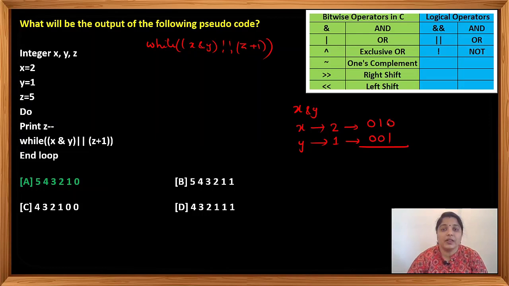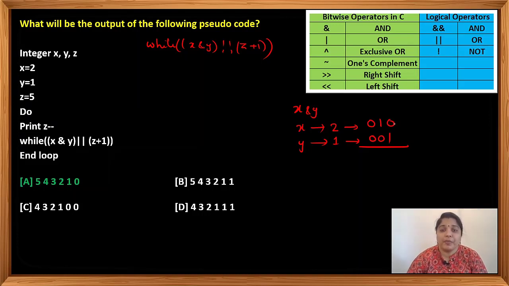Now we can perform the bitwise AND operation. In an AND operation, only if both the inputs are 1, the output is 1. Otherwise, the output is 0. In this case, in none of the positions are both inputs 1. In all the cases, the inputs are either 1, 0.